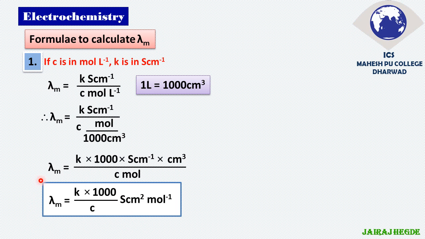If I take it in terms of molarity, the unit will become Siemens centimeter square per mole, because I have taken the unit of kappa as Siemens per centimeter. This formula is very important. You can get problems on this. Lambda m is equal to kappa into 1000 divided by C, when kappa is taken as Siemens per centimeter.